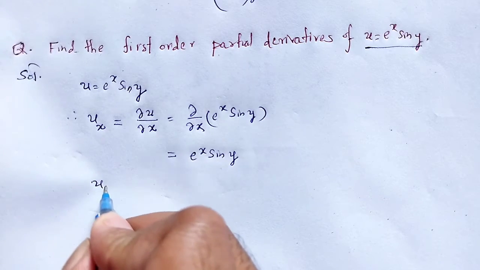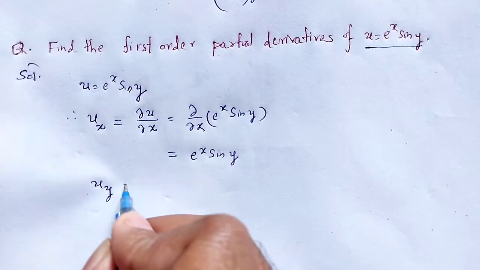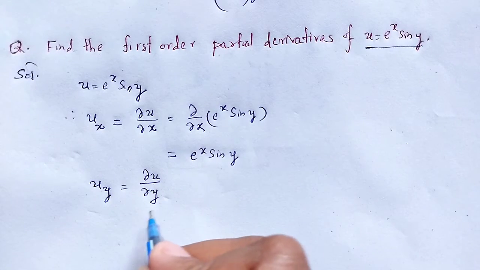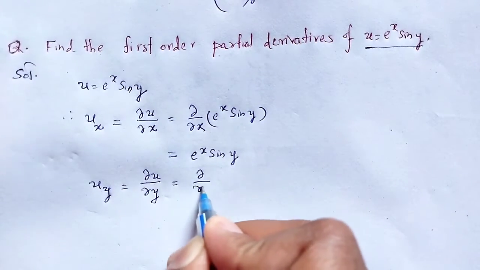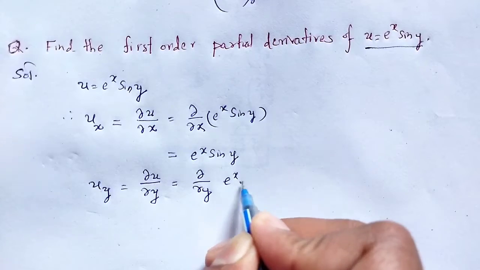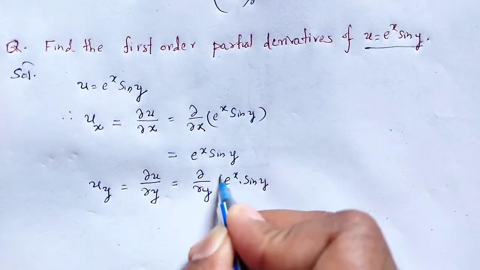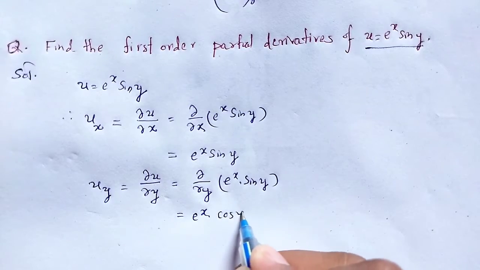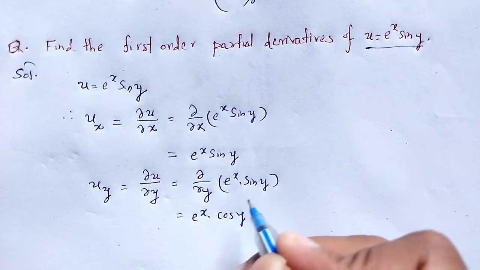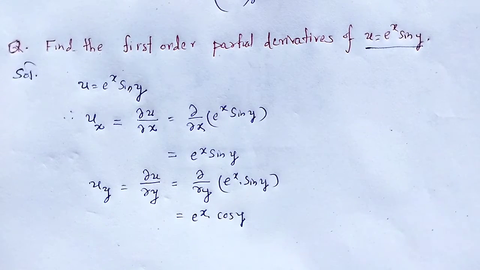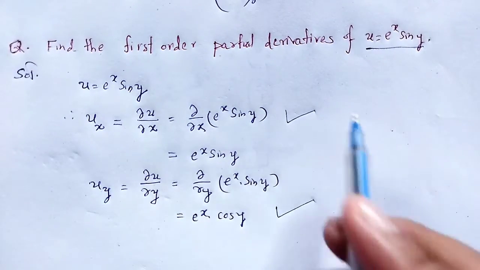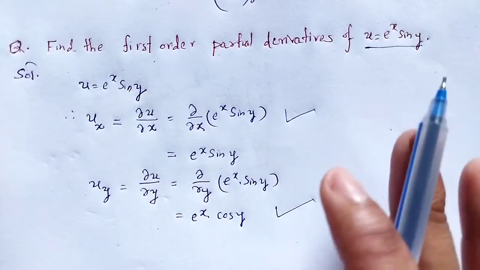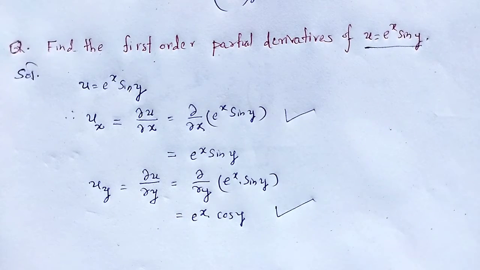Again u subscript y is equal to del u by del y, del by del y of e to the power x into sin y, is equal to e to the power x cos y. Differentiation with respect to y, x treated as constant. This is the answer. We found the first order partial derivatives of the given function u is equal to e to the power x sin y.